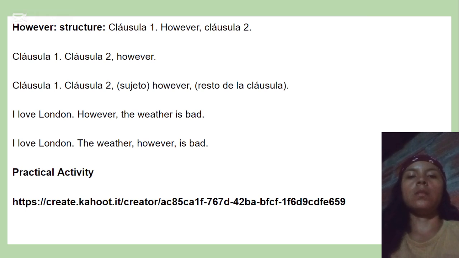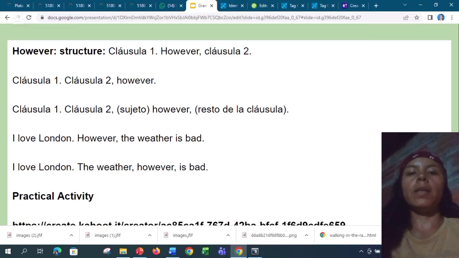The structure is clause 1, however, clause 2. For example, "I love London. However, the weather is bad," or "I love London. The weather, however, is bad."